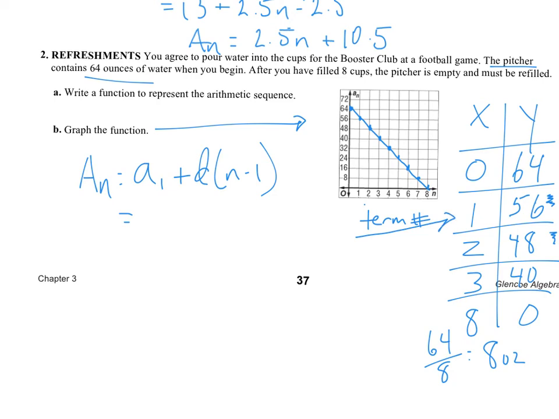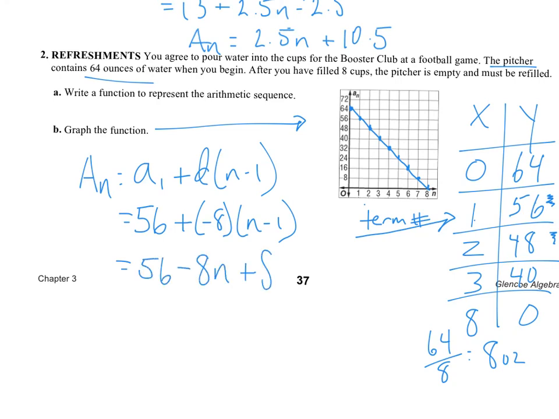The first term is not 64. The first term is really 56. What's your difference here? Your difference is, be careful, negative 8. All right? So let's distribute, negative 8n plus 8. And let's simplify. And this turns into, bam, there we go.